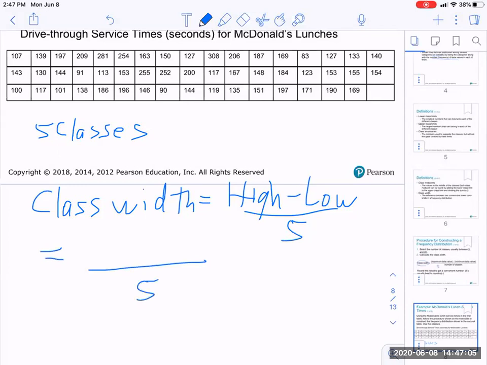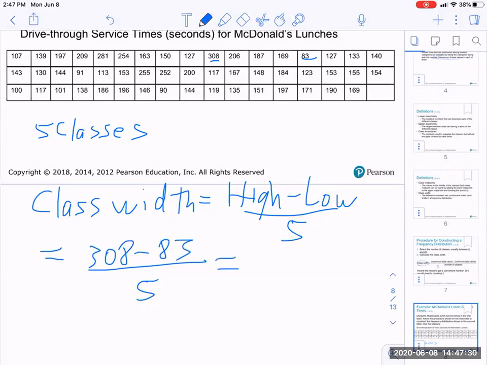So let's find the highest value there, it's 308. Now let's find the lowest value. Okay, I see a 90, I see an 83. That looks to be it. So with these drive-through times, this is in seconds.